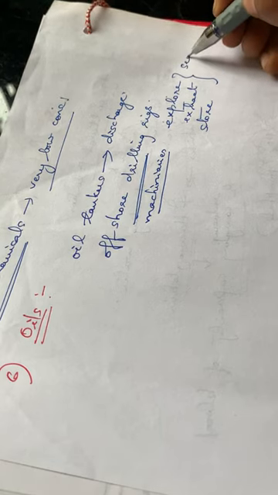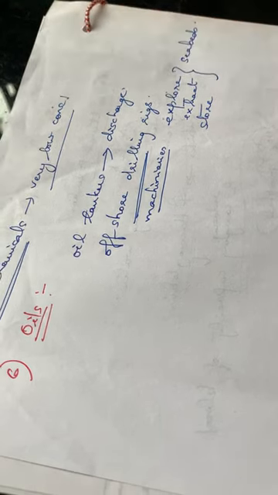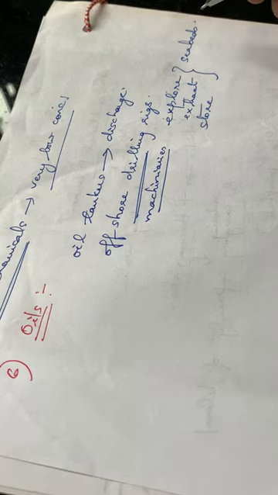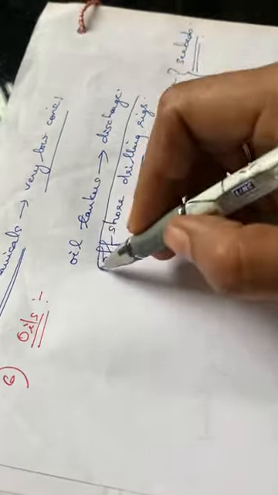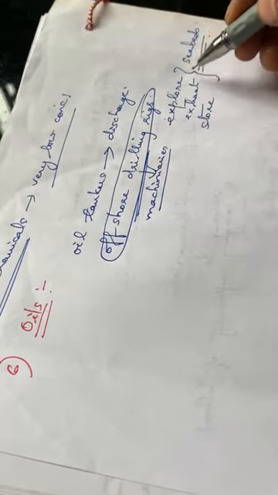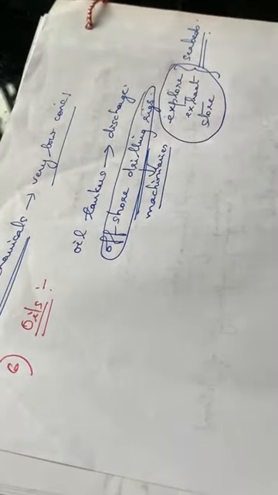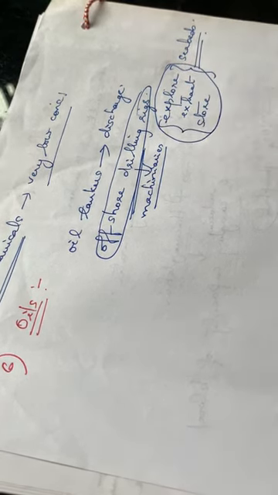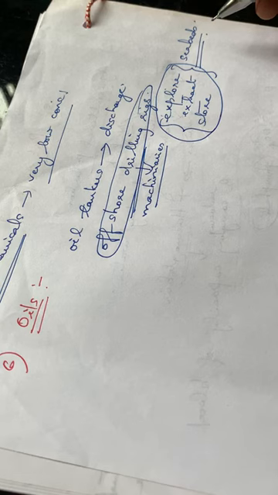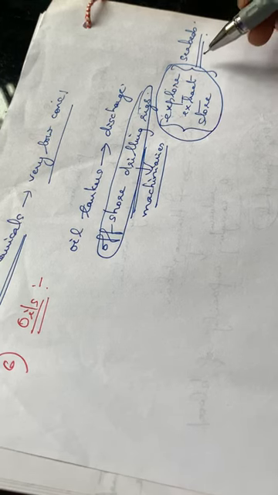So this machinery, the offshore drilling rig, is used to explore, extract and store petroleum. These three processes go on simultaneously in the offshore drilling rigs.